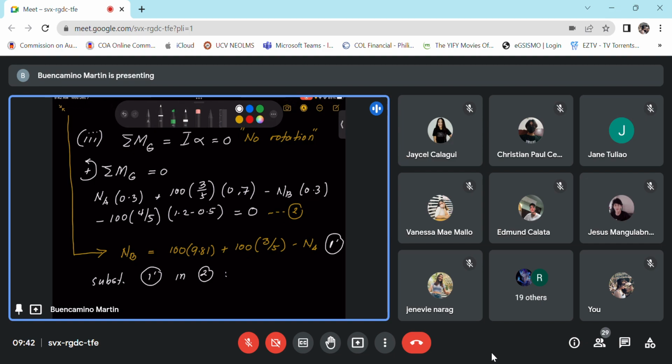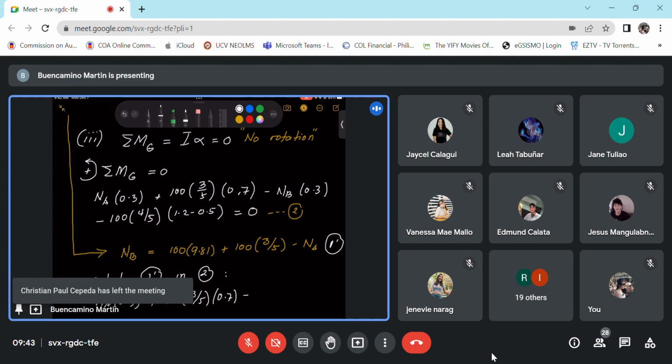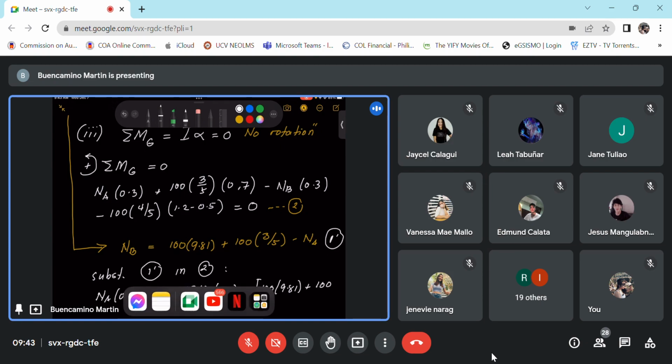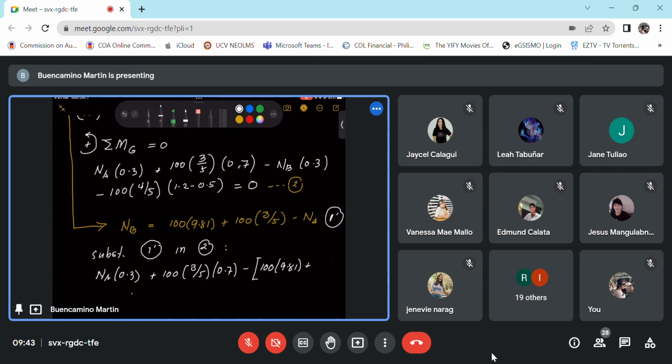Hence we have now NA times 0.3 plus 100 times 3 all over 5 times 0.7 minus NB, which is equal to 100 times 9.81 plus 100 times 3 all over 5 minus n sub a, and everything is multiplied by 0.3.